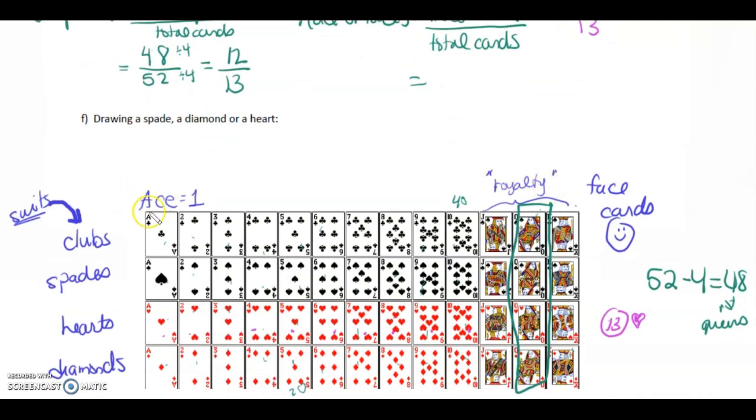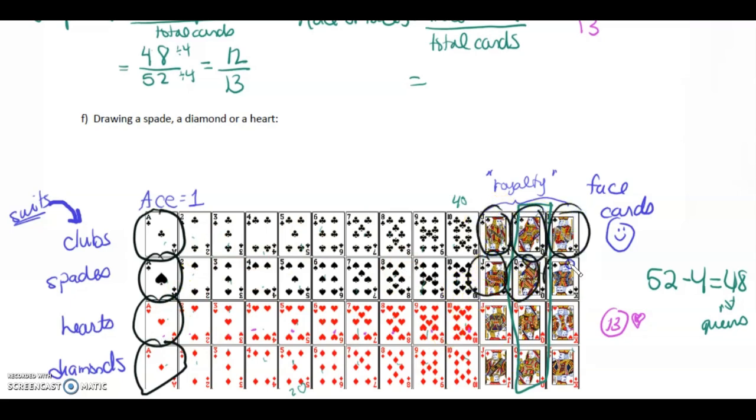Ace or face. Aces are here, 1, 2, 3, 4. These are all number cards. Then faces are here. 5, 6, 7, 8, 9, 10, 11, 12, 13, 14, 15, 16. So this is 16 out of 52 cards.